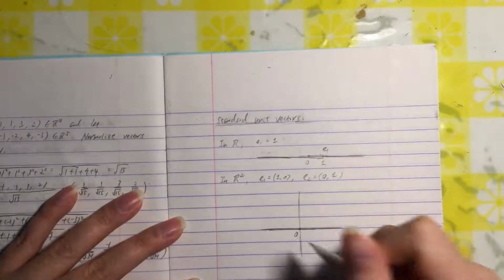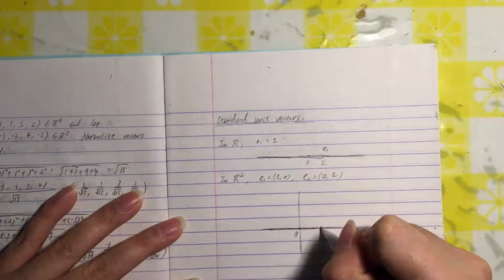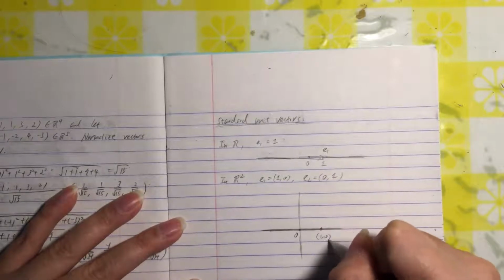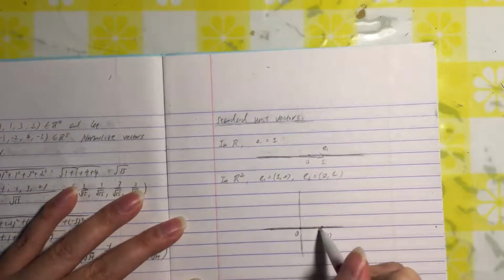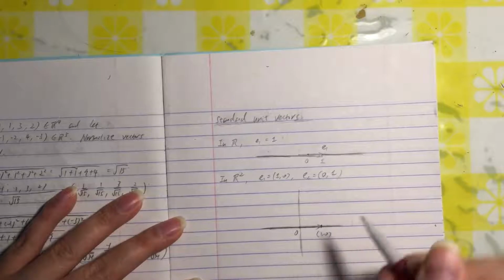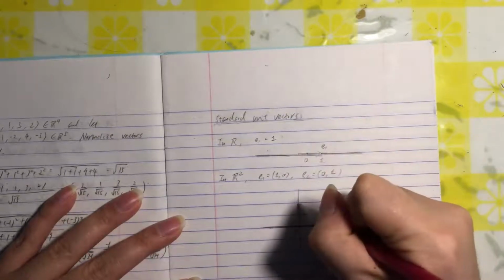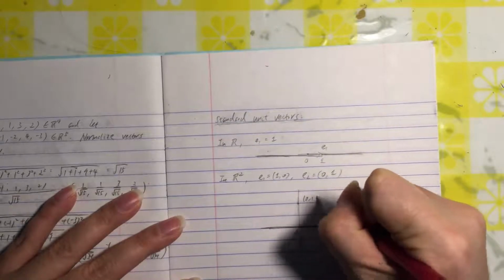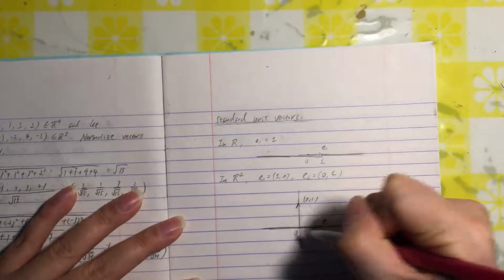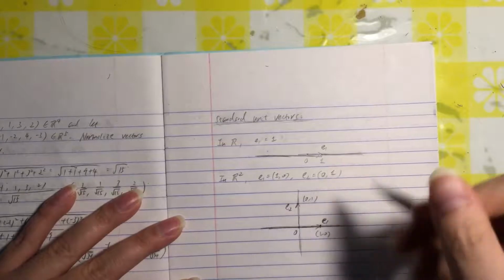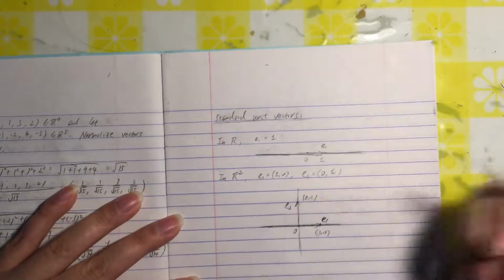Origin is here. That's the vector (1, 0). This is vector E1. (0, 1) is here. That's the vector E2. They are called the standard unit vectors in R2.